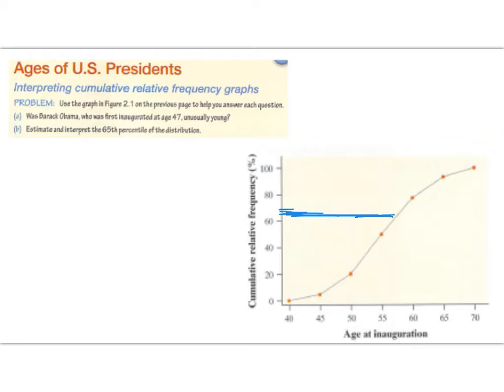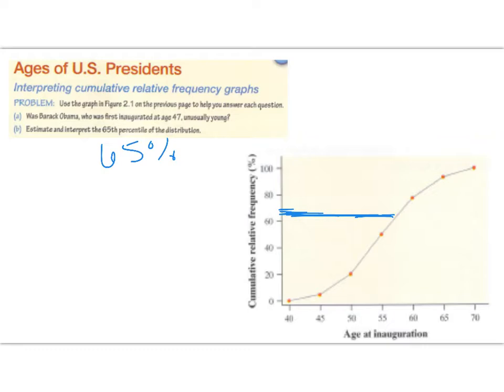So if we're at the 65th percentile, which is the same as the 65% cumulative relative frequency. This only works for cumulative. If it was just relative frequency, it wouldn't work. But remember, percentile takes all the data points below you. So when I've got cumulative relative frequency, I've been keeping track of all those data points below.